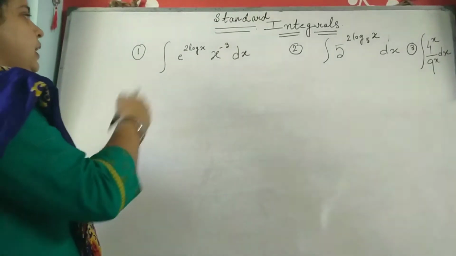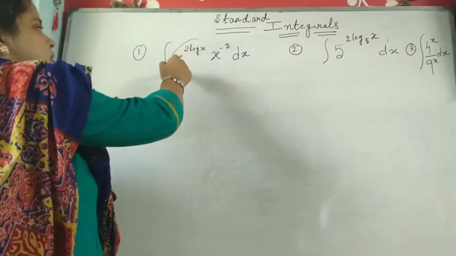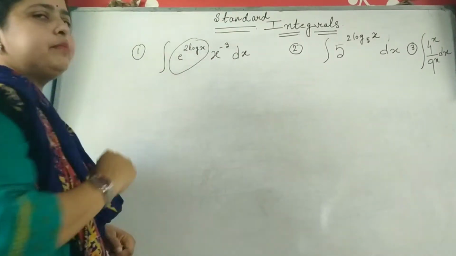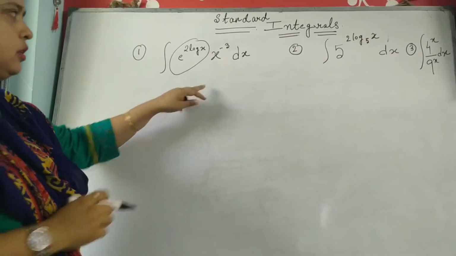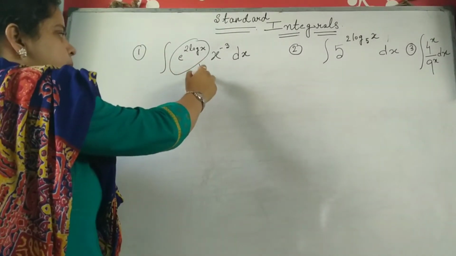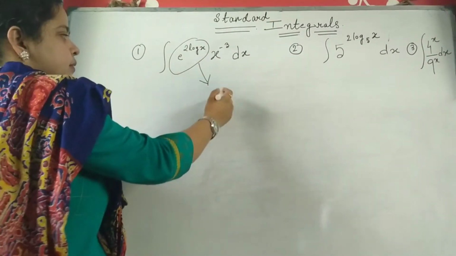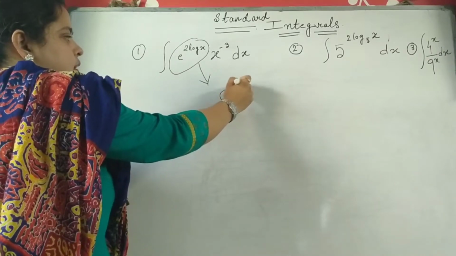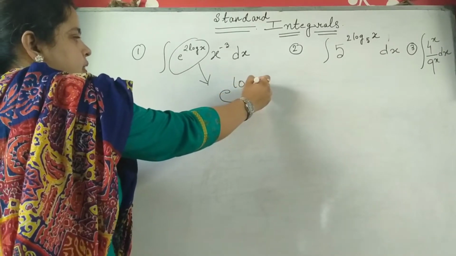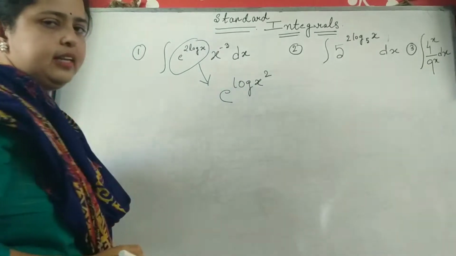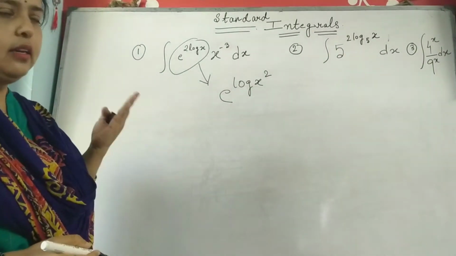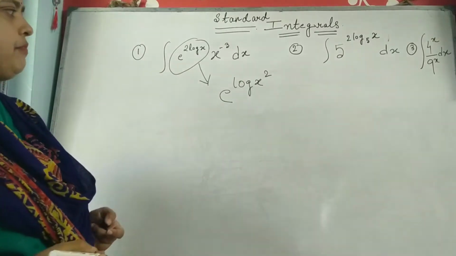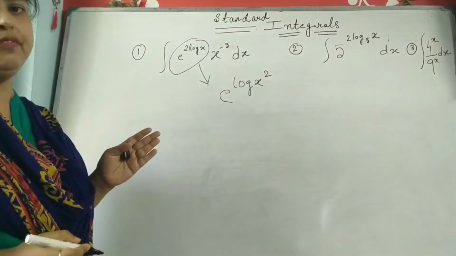See, in this particular portion, I hope many of you have understood that we must first reduce it, like the one we have already done in class 11. We have already learned the properties of a logarithmic function and exponential function.